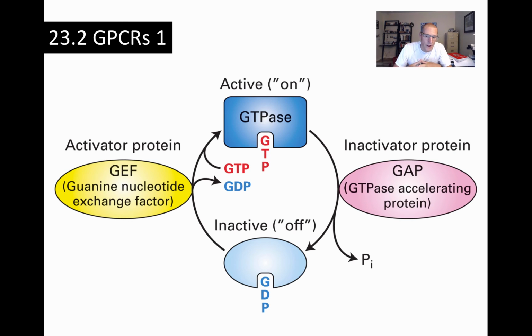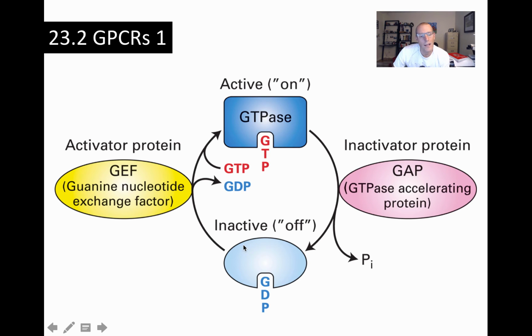What the GAP does is stimulate the inherent activity of the GTPase so that the GTP is converted to GDP, and we get switching to the off state of the G protein. This would be G alpha here. So you can regulate GAP abundance and GAP localization to control this switching off. If we wanted to keep the G alpha active longer and stimulate the pathway, we could inactivate the GAP.